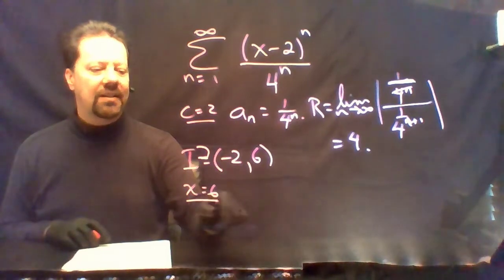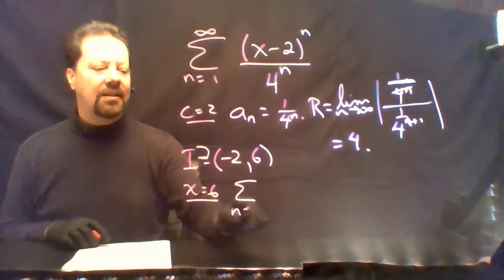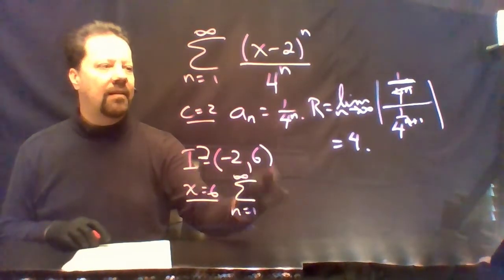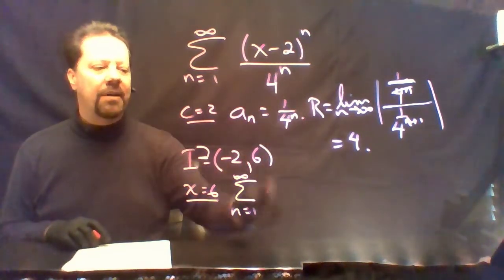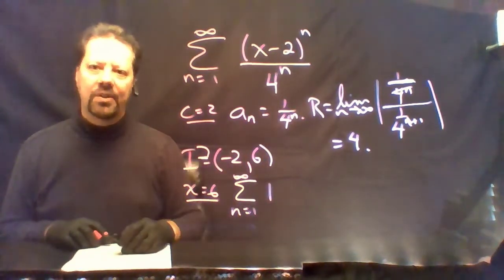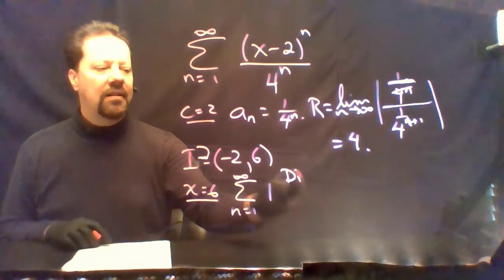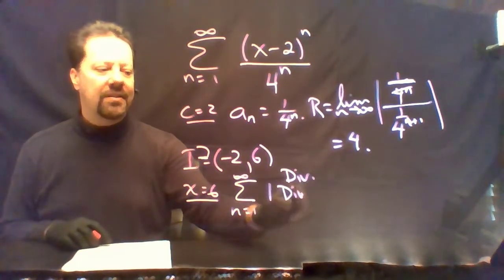We still need to check the endpoints. At x equals 6, we have the sum as n goes from 1 to infinity. 6 minus 2 is 4. We have 4^n divided by 4^n, which is 1. This diverges by the divergence test.